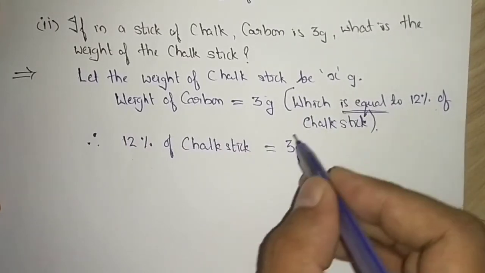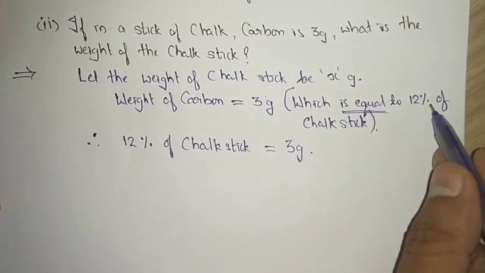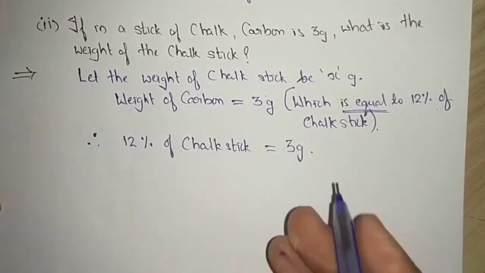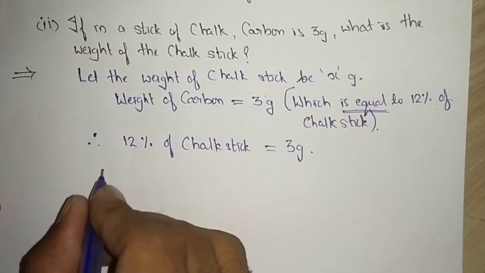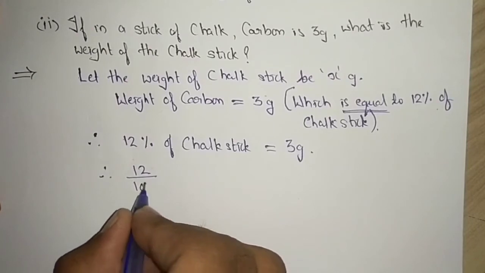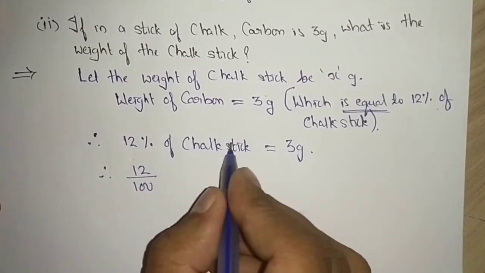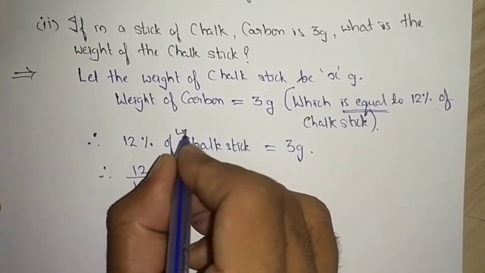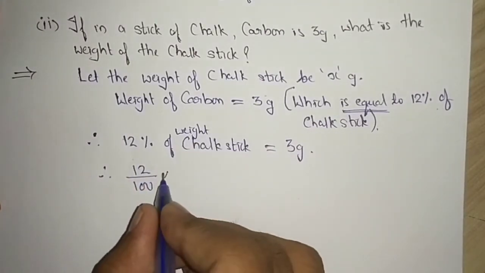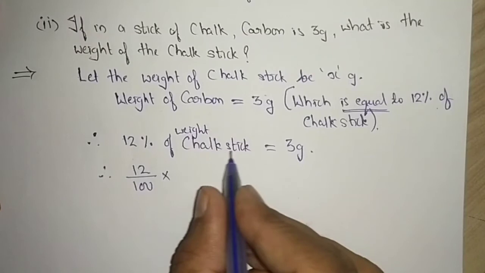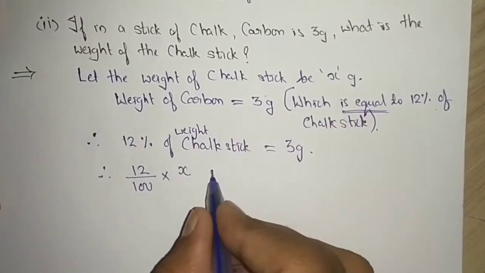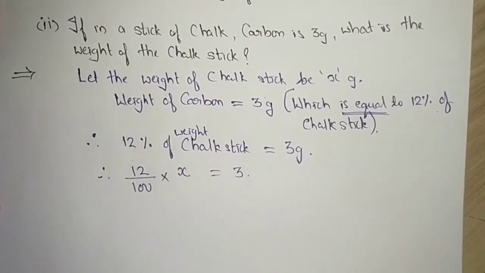That I can write, right? So 12% I can write as 12 divided by 100 of the weight of the chalk stick, into what is the weight of the chalk stick we have taken? x gram, is equal to 3.